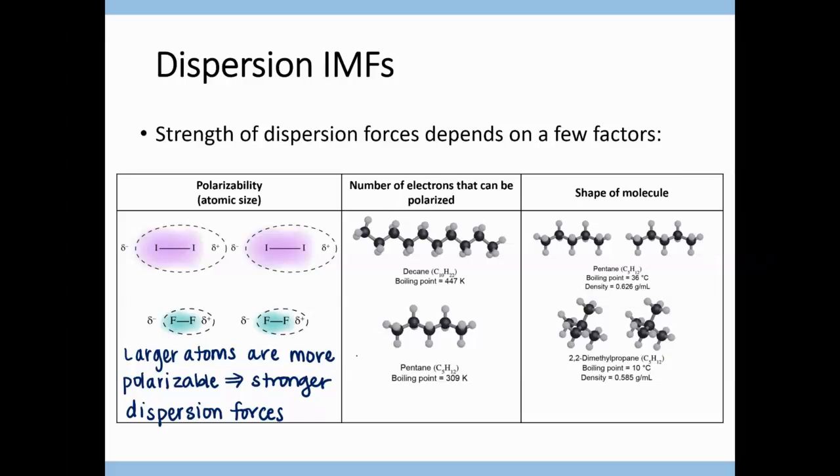Okay, so more electrons, well, let's say more atoms, means we have more electrons to be polarized. That results in stronger dispersion forces.